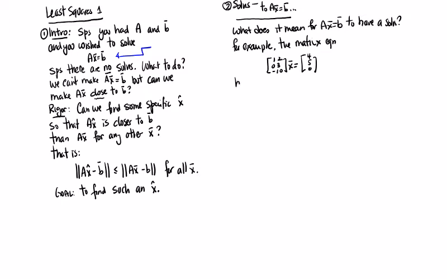This has a solution if and only if there exist an x1 and an x2 such that I can plug those in like this and get 4, 5, 6.